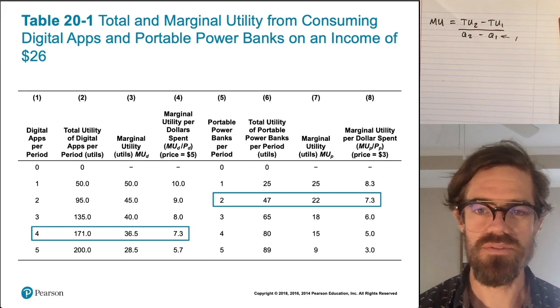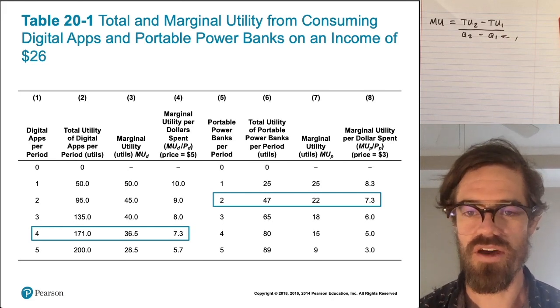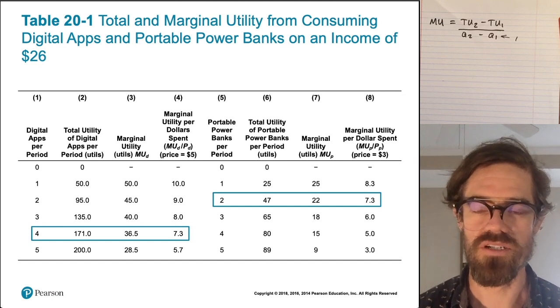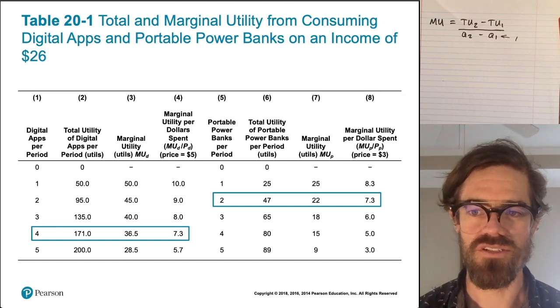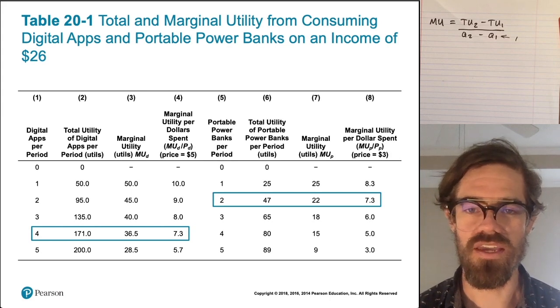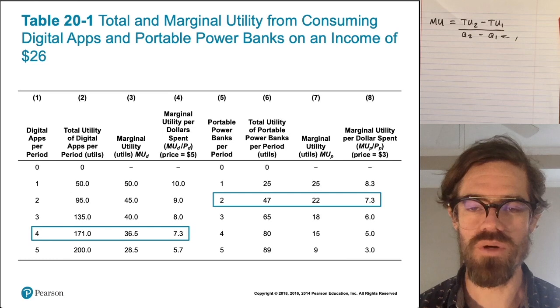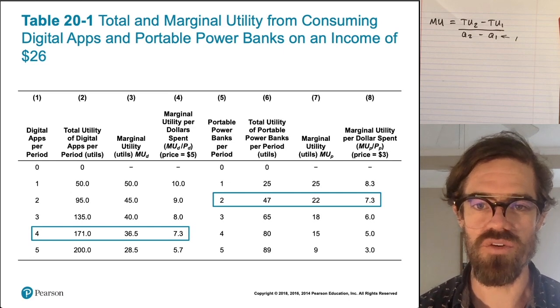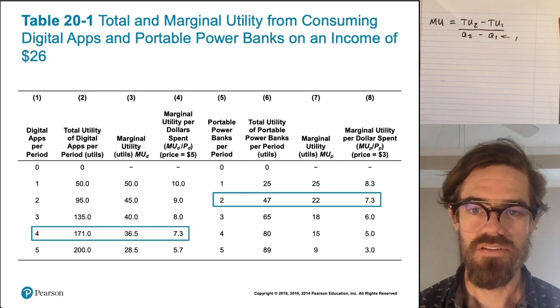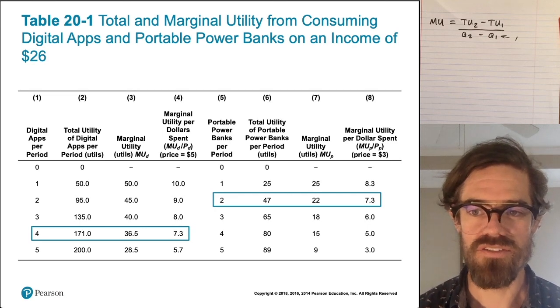Okay, great. So let's run through a little thought exercise here. If you were this consumer and these were your utilities and marginal utilities and all that, what would be the first thing that you would buy? What would get you the most satisfaction for your money? If you need to, pause the video and think about it for a second.